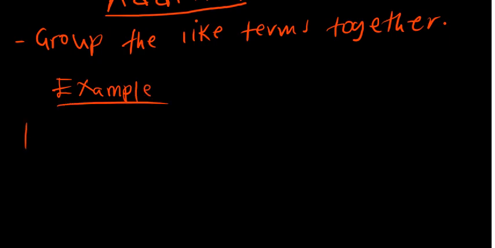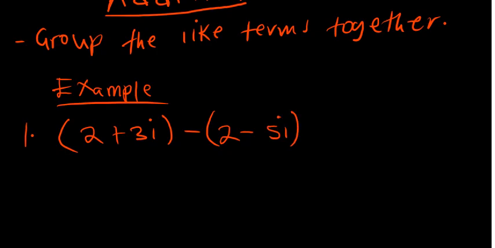So example 1 we have 2 plus 3i minus 2 minus 5i. So here what you do, you're going to say 2 plus 3i. Then you're going to distribute this minus into these numbers which are in brackets. You're going to say minus 2, then negative times negative will give you positive, which will be plus 5i.